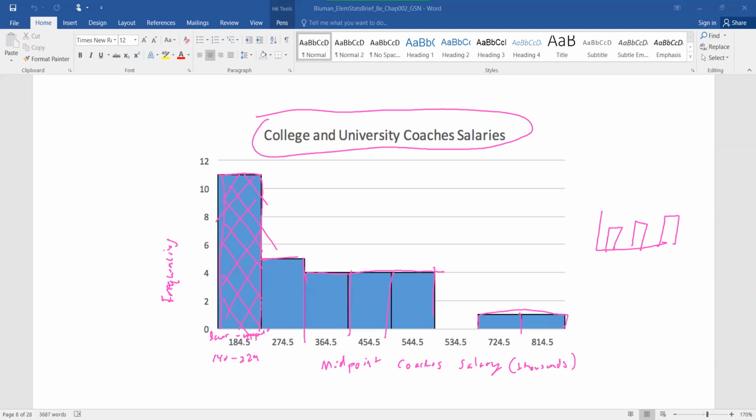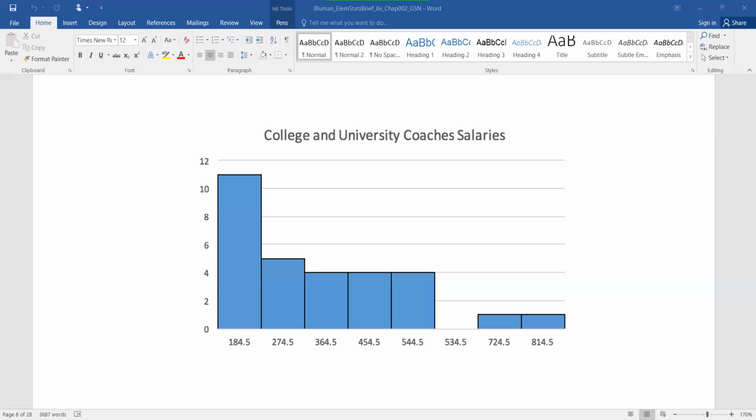But for the sake of making sure that we are correct, let's make sure ours are touching. Because for us, a gap to me represents an absence of a vertical bar, which means there's 0 in that class. Any questions on histograms? All righty. Taking the same data, let's build a frequency polygon.